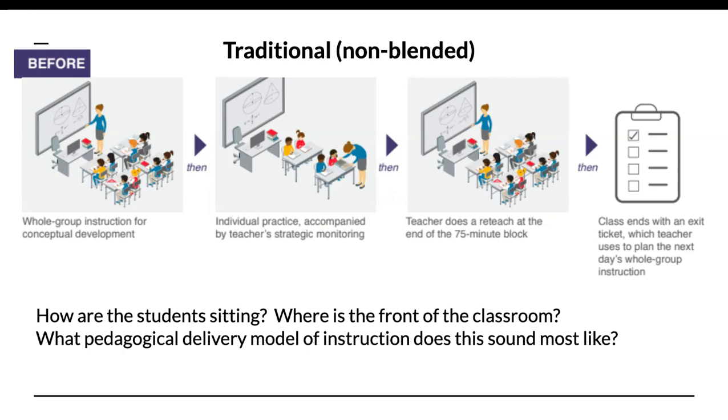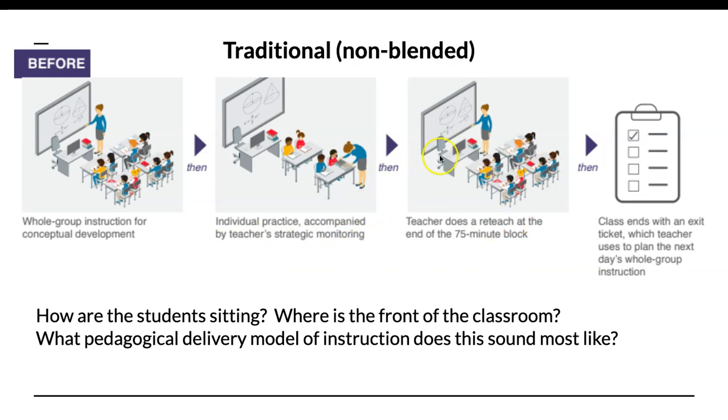With that said, let's look at a couple of different classrooms. And the first classroom is kind of before the aspects of thinking about blended learning. It's a more traditional environment. And we're going to start off, as we see here in our diagram, with a teacher beginning the block of time with a whole group instruction for conceptual development. And then that's followed by some individual practice. They're released to do that work, and it's accompanied by a teacher's strategic monitoring.